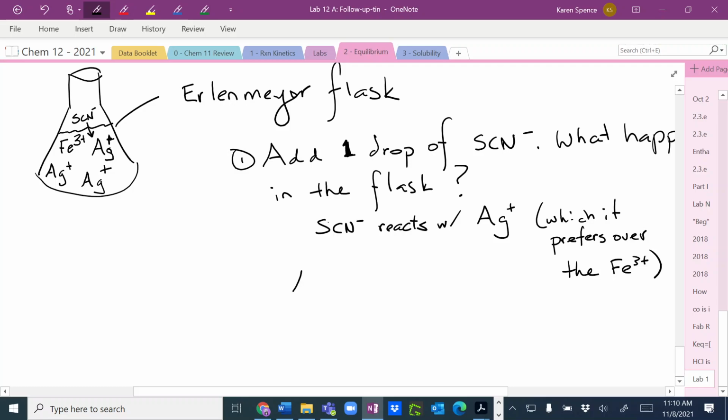It looks like this: Ag+ plus SCN- goes to AgSCN. What state is the silver thiocyanate? It is a solid. What kind of a reaction is this reaction?